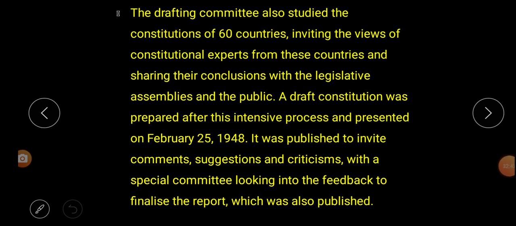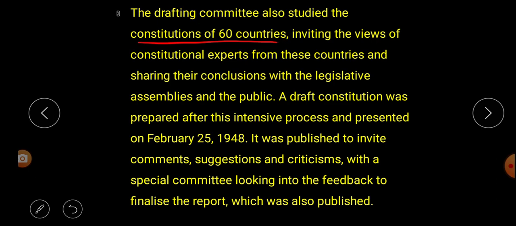Next paragraph. The drafting committee also studied the constitutions of 60 countries. Listen, that means we know that under the chairmanship of Dr. Bhimrao Ambedkar, on August 29, 1947, a committee was established for making the constitution. What happened? They studied the constitutions of how many countries?